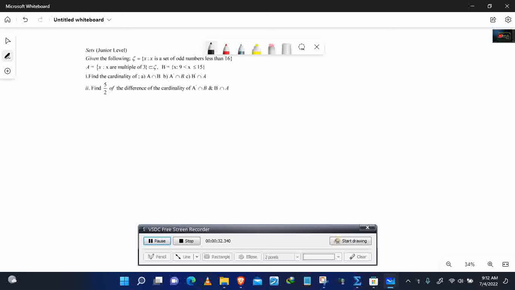And we have the set B be equal to the set where x is greater than 9 and less than or equal to 15.